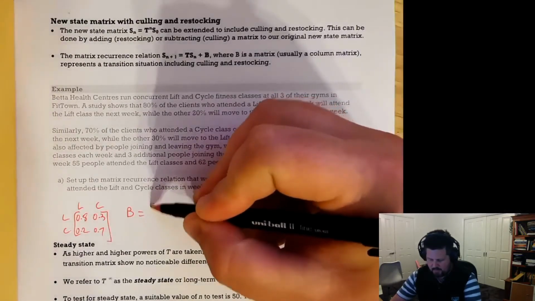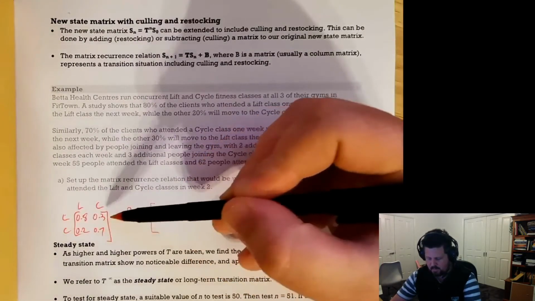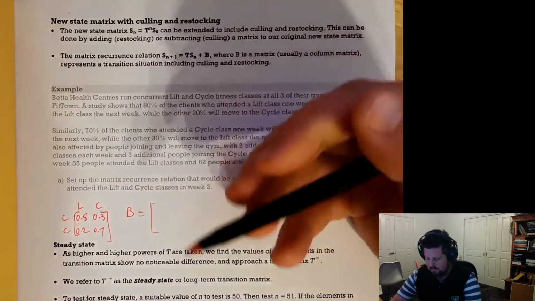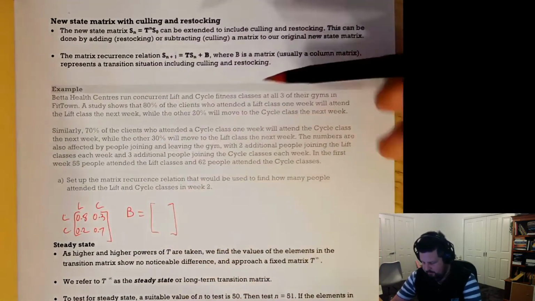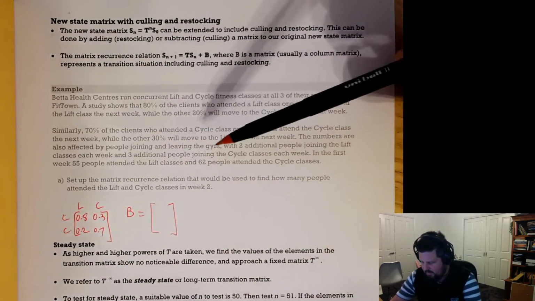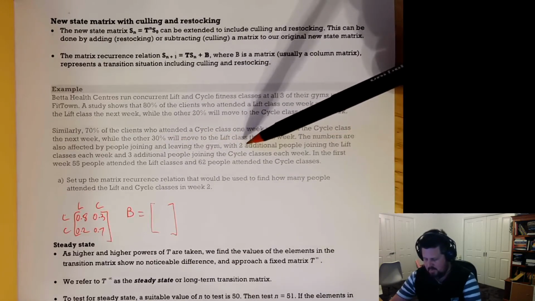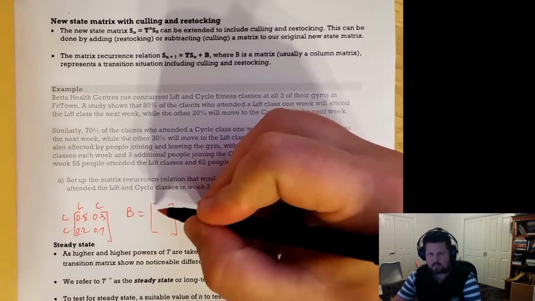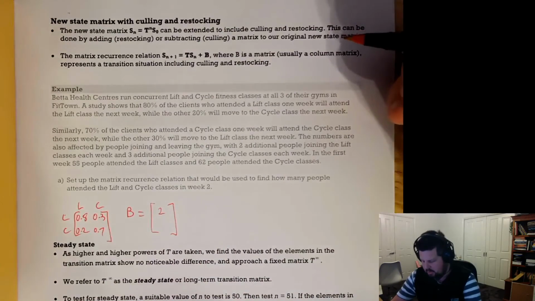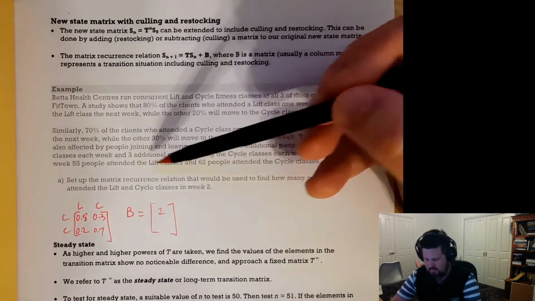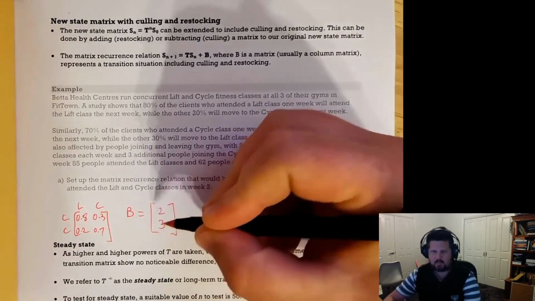Remember, we've got the lift row first and then we've got the cycle class second. It says that 2 additional people will join the lift class each week. So 2 goes in here, and an additional 3 people are joining the cycle class each week. So they're positive numbers because they're going to be added on.